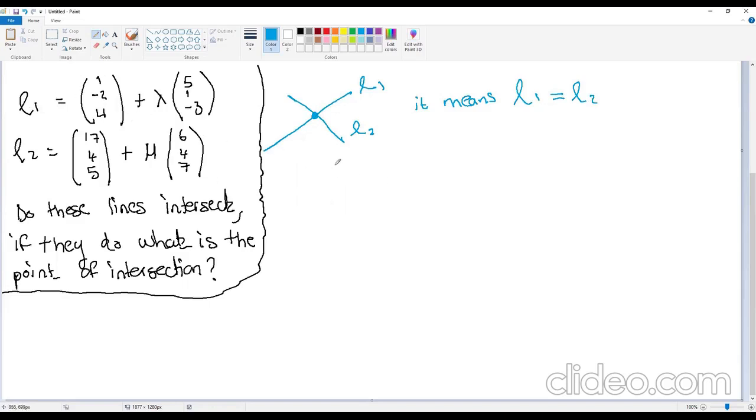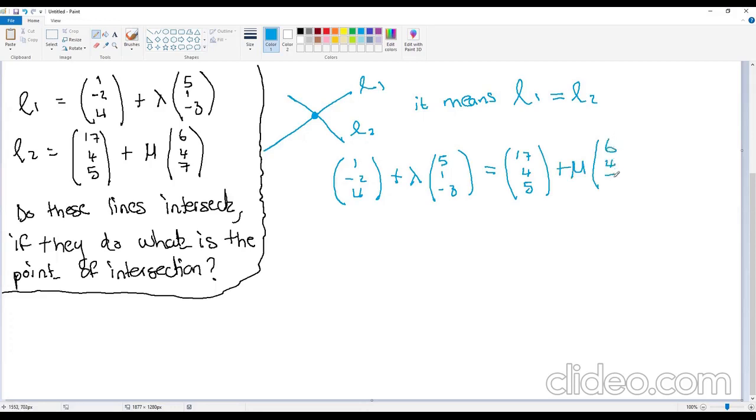There is L1, (1, -2, 4) plus lambda (5, 1, -3) is equal to (17, 4, 5) plus mu (6, 4, 7), right?